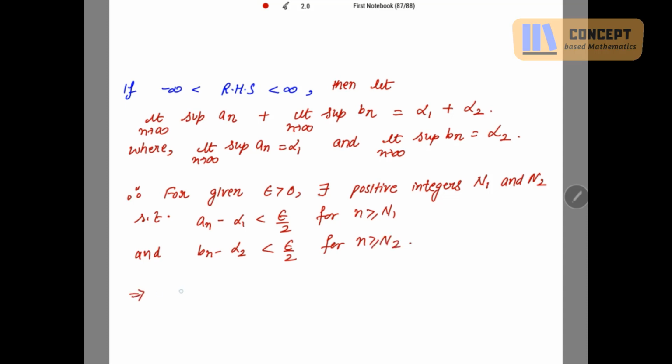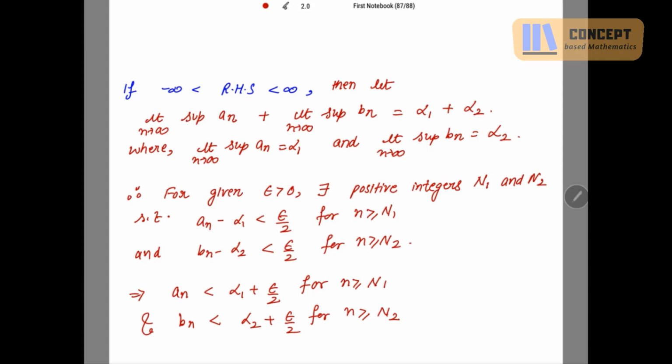Which implies, taking alpha 1 to the other side, an is less than alpha 1 plus epsilon by 2 for n greater than or equal to n1, and bn is less than alpha 2 plus epsilon by 2 for n greater than or equal to n2.